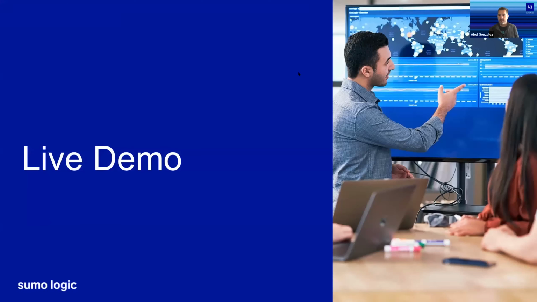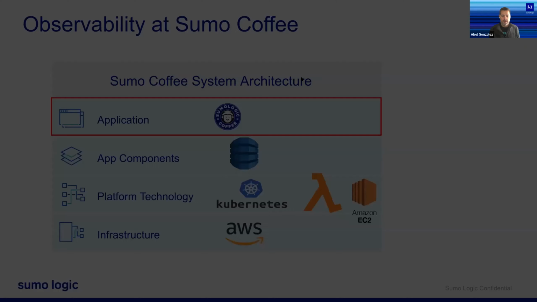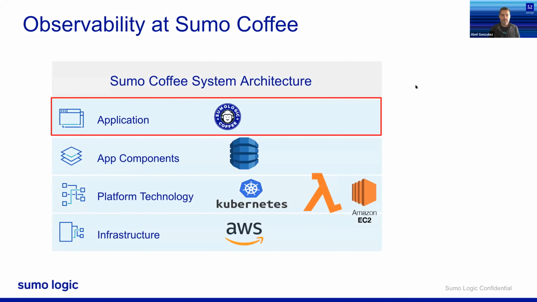So let's now talk about our live demo and where we're going to explore. We're going to look at this demo app, the Sumo Coffee system, where we have a front-end application with app components like DynamoDB. Our platform technology is running Kubernetes, Lambda, and EC2, and it's all running in AWS.